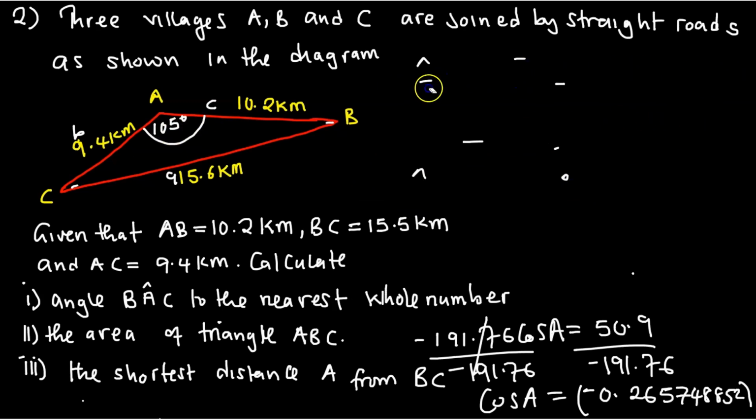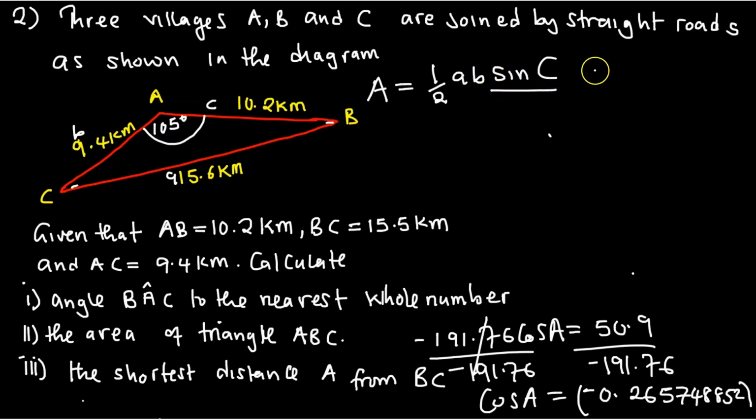The area of a non-right angle triangle, the formula is area equals half AB sine C. This is the general one, where we say the angle is an included angle. And included angle, we said, is the one that is between two sides. So automatically our included angle is 105. And of course we use these two sides.